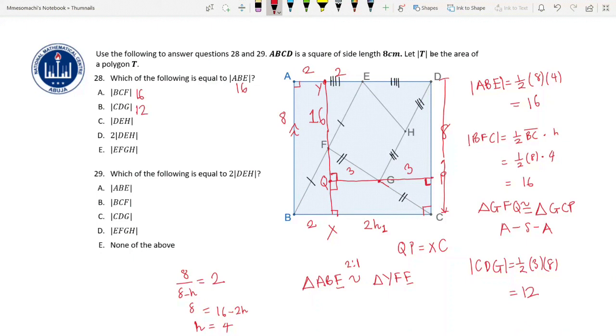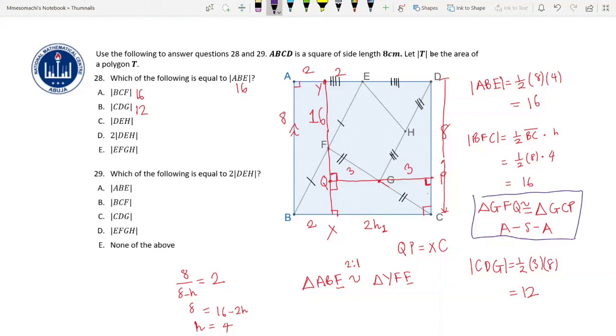Now what else can we get again? Now we need to look at the triangle EHD. To do that, recall that we got that these two triangles are congruent. So let me use a different color here to box this.